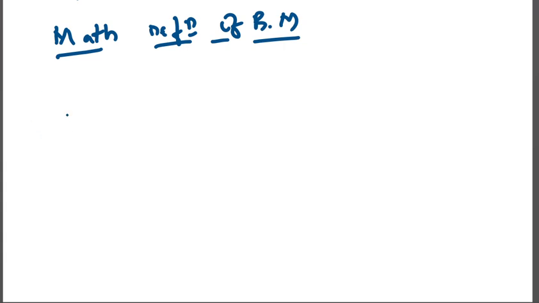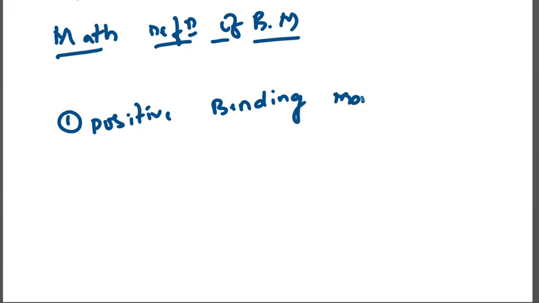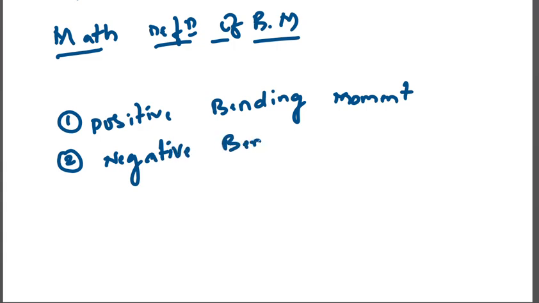In bending moment again we have two types: one is positive bending moment, and the second one is negative bending moment.